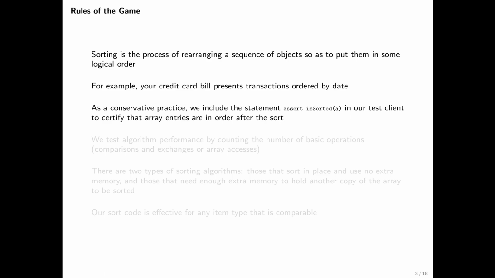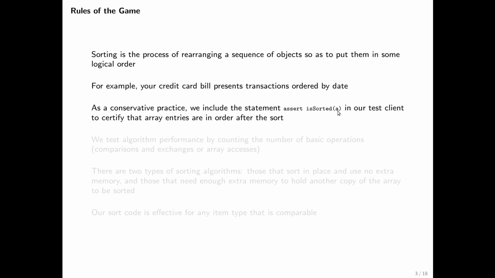Now, in our implementations of the various sorting algorithms, what we're going to do is follow a conservative practice, which is to include the assertion statement, assert isSorted(A), in all our test clients, to make sure that the array entries in this array A are indeed sorted once the sorting algorithm is finished.